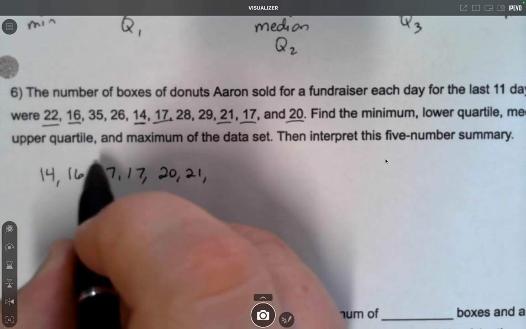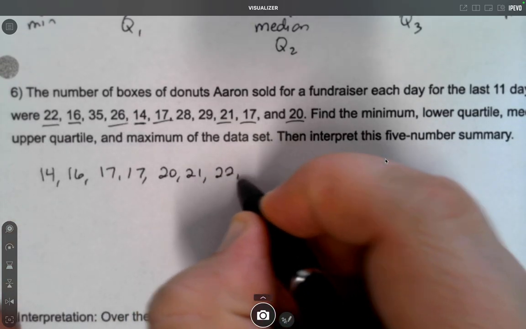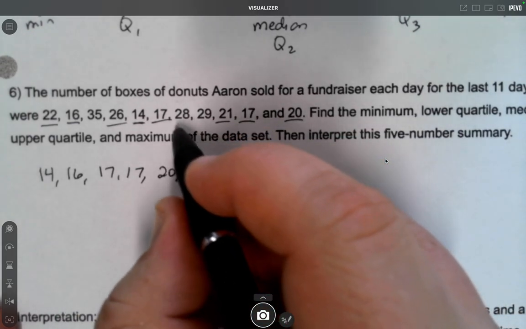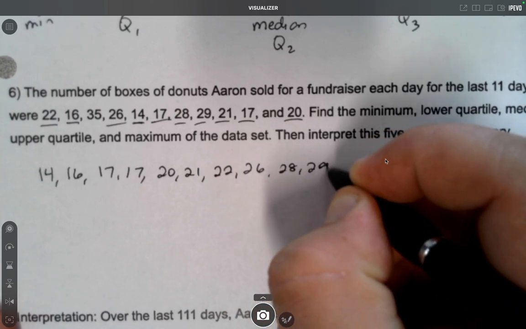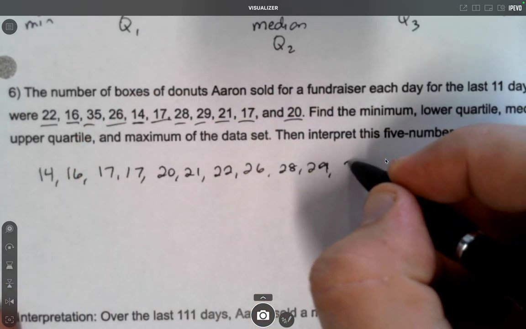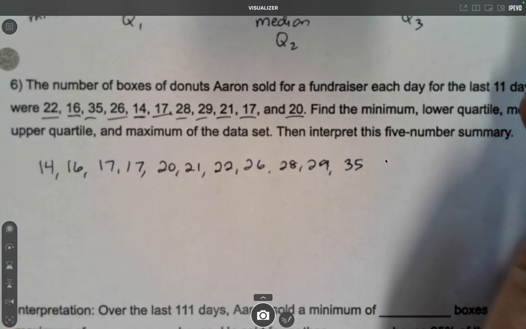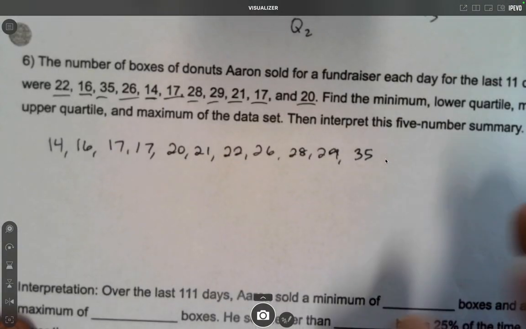A 22 and a 26. 28, 29, and 35. Okay. And just, the commas aren't required. I'm not sure why I bothered. They could just be spread out kind of like they were in this set. You can put commas, you just don't have to.